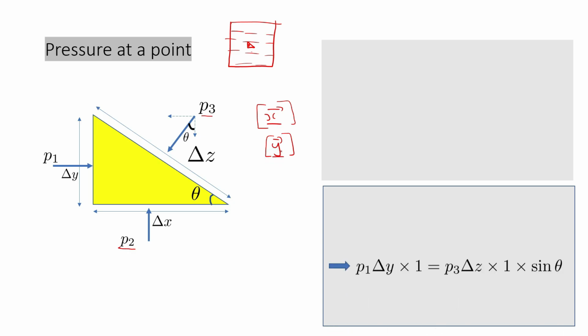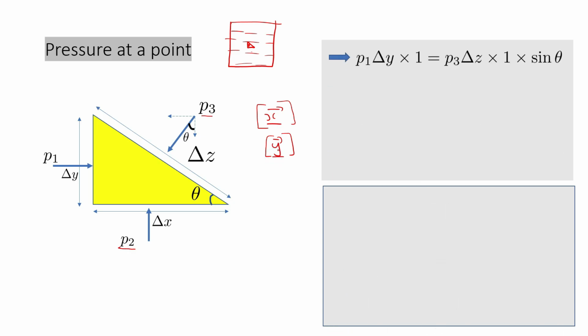So let us write the forces in the x direction. In the x direction, the force acting is equal to the pressure here into the surface area here. The surface area here is delta y into 1, that is the vertical length into the depth, that is unity.